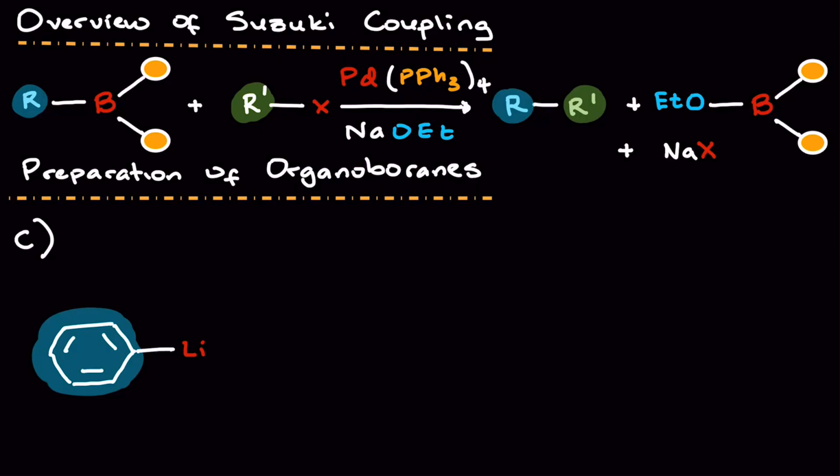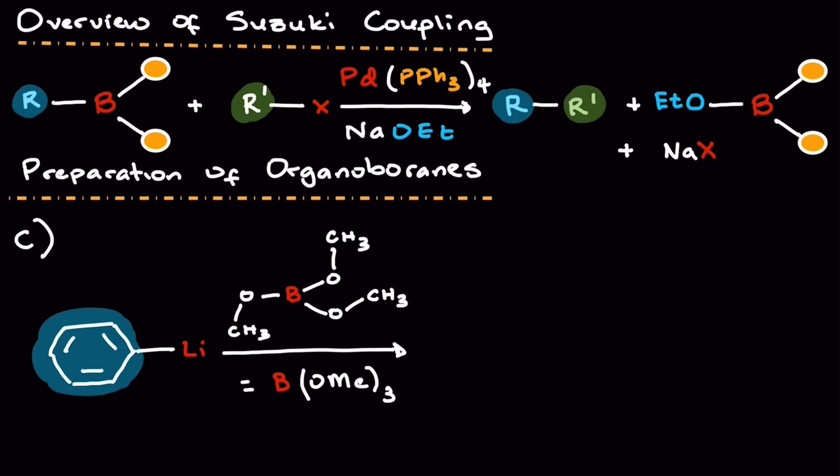But in any case, as an example, use an organolithium, which is a phenyl or aryl group connected directly to your lithium species. You treat that with your trimethyl borate species. And here is a common way you would see this particular species written. So it's a trimethyl borate species.